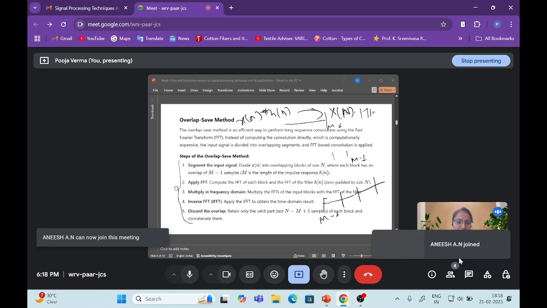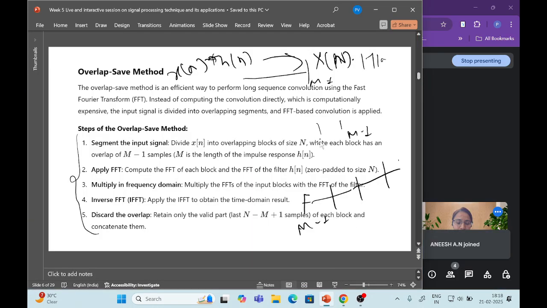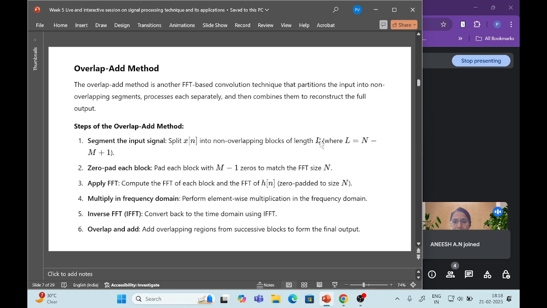Now the next method is the overlap-add method. It is another way to perform linear filtering, and it is also an FFT-based convolution technique.